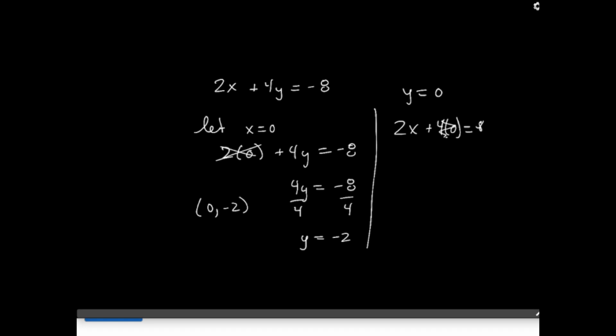Then 4 times 0 is just 0, and you have 2x is equal to negative 8, or x is equal to negative 4. So our point for that one is negative 4, 0. And those are the 2 points that you want to go ahead and graph: 0, negative 2, and negative 4, 0.